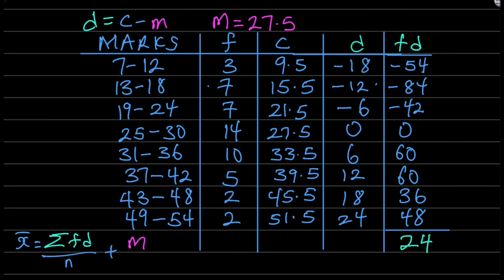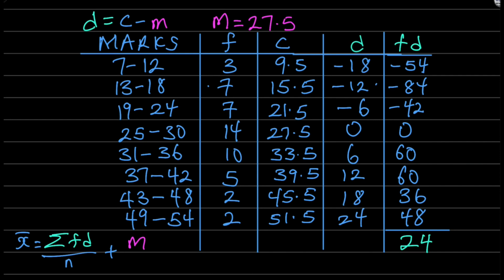That's done. Going back to the formula, after we found summation FD, the next thing is to find N. And do not forget that N is equal to summation F. Never forget that. Summation F means summation of all the values in the F column, or total frequencies.